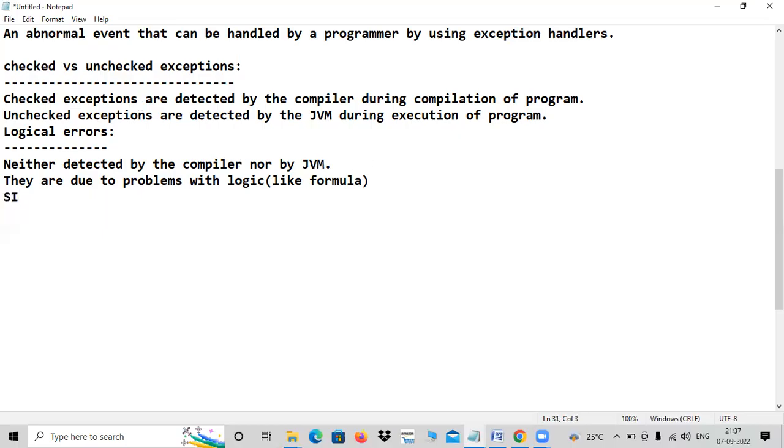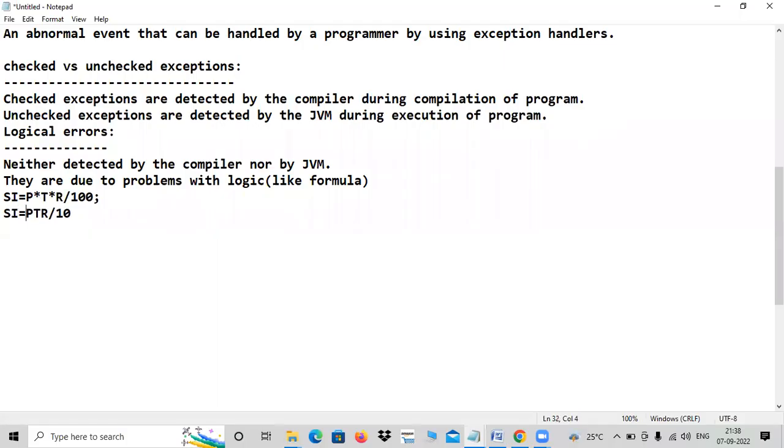Simple interest formula, PTR by 100. Of course, you write P into T into R by 100. In place of that, if you write PTR by 10, with the 100 missing, you'll get a different output. Neither the compiler detects that, nor the JVM detects that. Is it not?